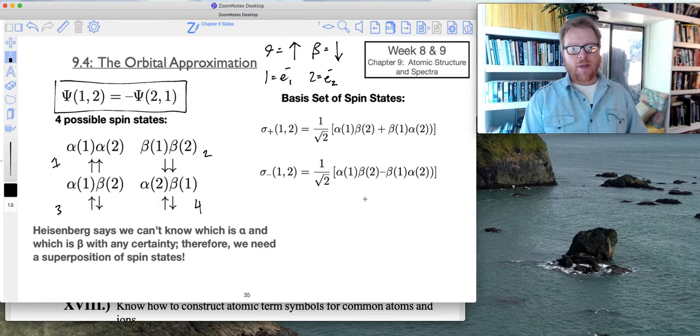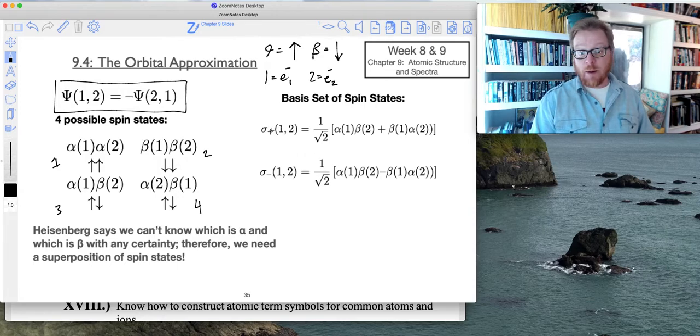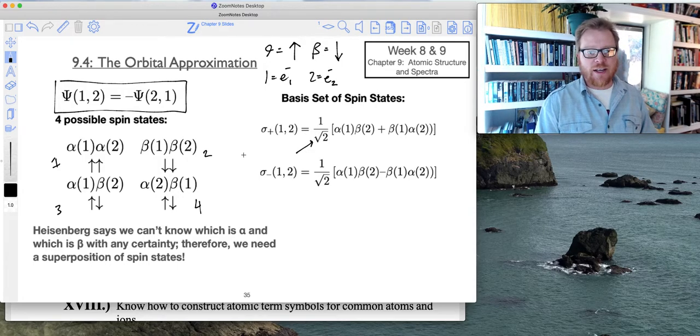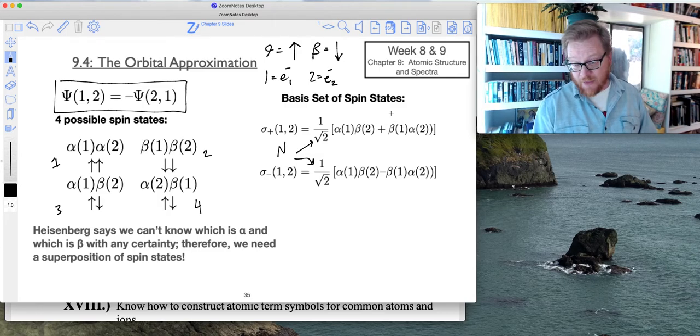And here is how that superposition goes. We'll create a sigma plus (1,2) spin state. That's already been normalized, so this is the normalization constant. And then here are the two, this is the basis set, and I add them together and it creates the superposition. The superposition we're going to create is alpha 1, beta 2, plus beta 1, alpha 2.